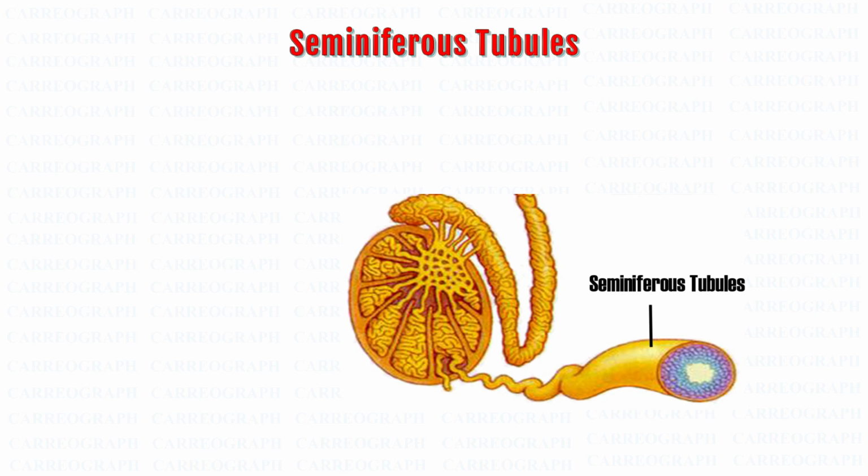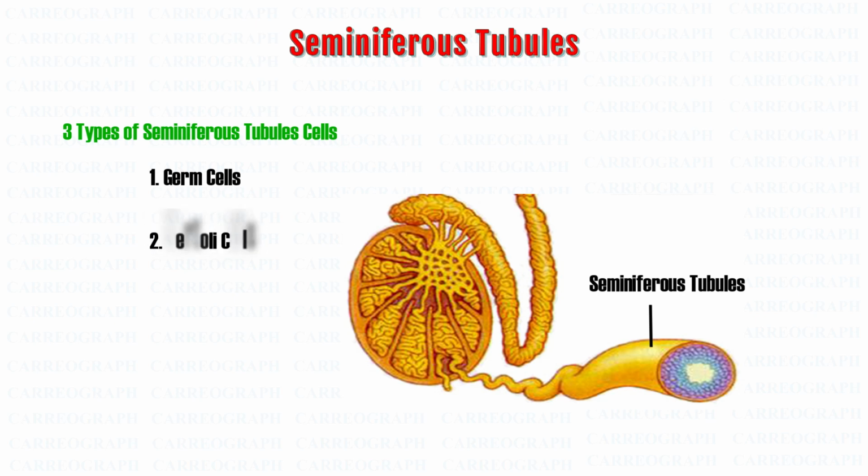In seminiferous tubule, the sperm production takes place. Seminiferous tubule has three types of cells. Number one is male germ cell. Number two is Sertoli cells. And number three is interstitial cells of Leydig.